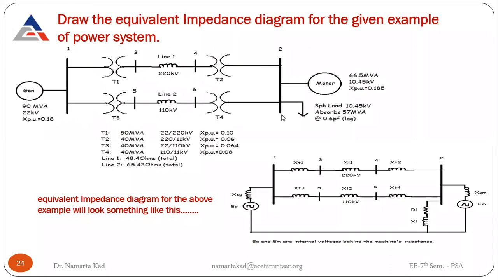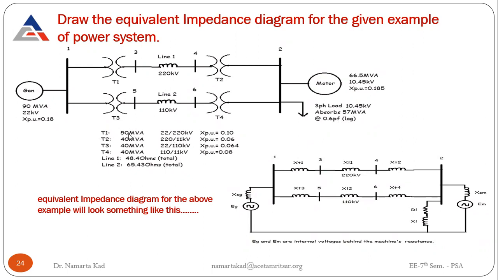There is bus number 2, and one motor load is connected on the receiving end, 66.5 MVA and 10.45 kilovolts, with per unit reactance given as 0.185. Another three phase load is connected, at 10.45 kV, which absorbs 57 MVA at 0.6 power factor lagging. The ratings for the transformers are also given in the question.